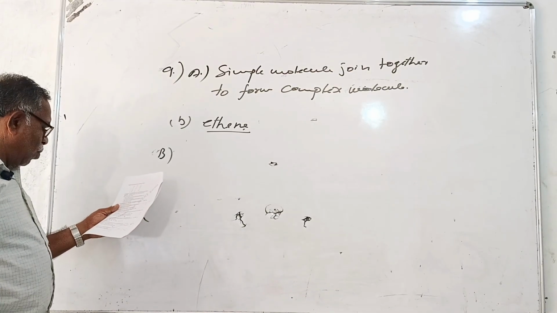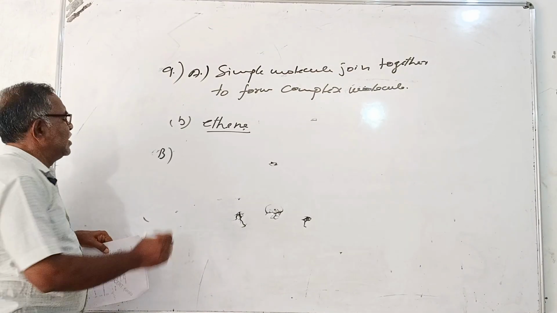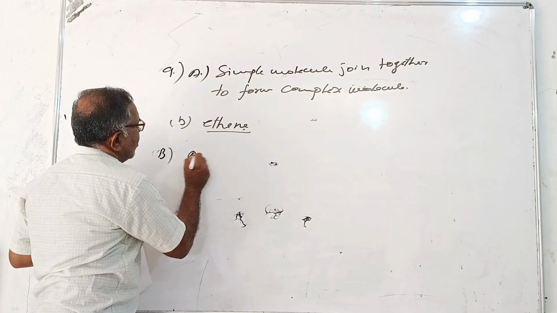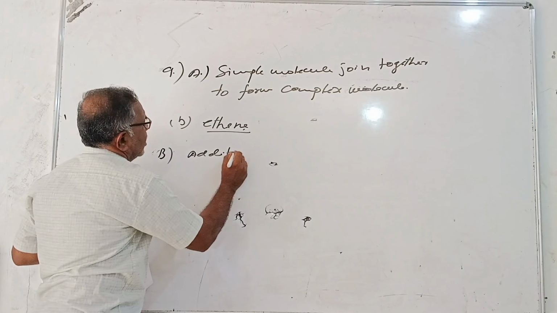Question B. What are the two types of polymerization? That is addition polymerization and condensation polymerization.